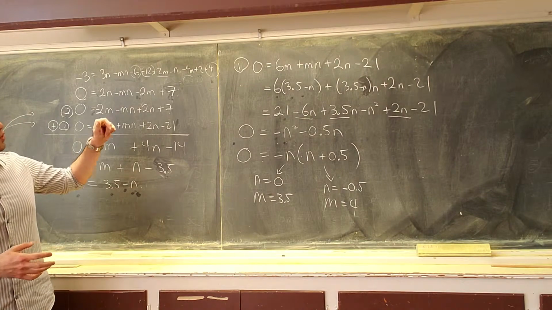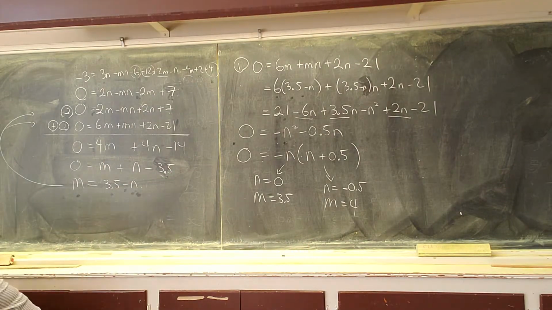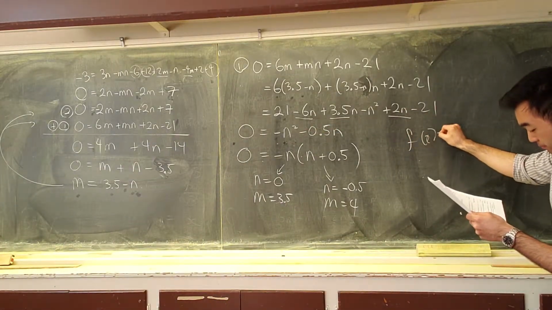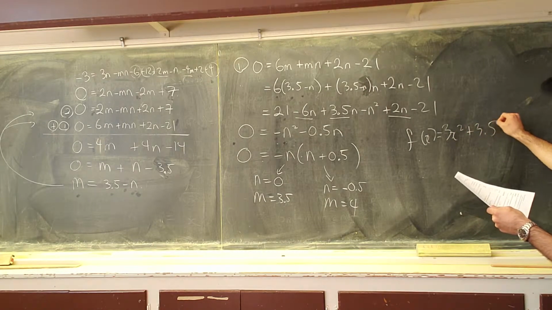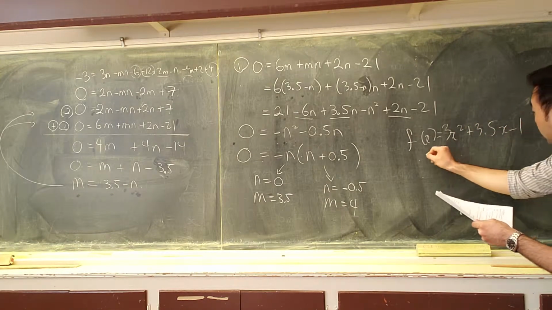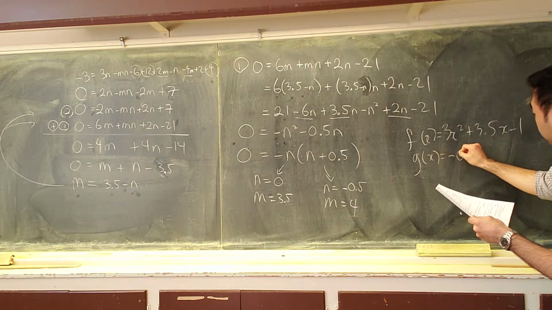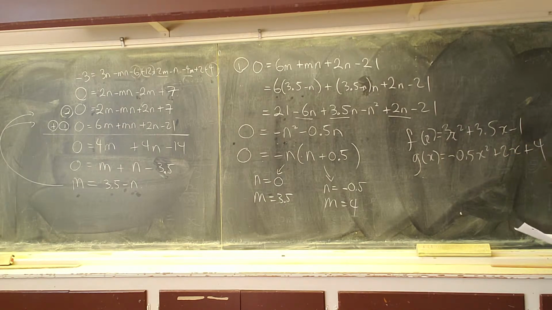So going back to the original question, what would f of x be? Well, f of x could be 3x squared plus 3.5x minus 1. And g of x then would be negative 0.5x squared plus 2x plus 4.